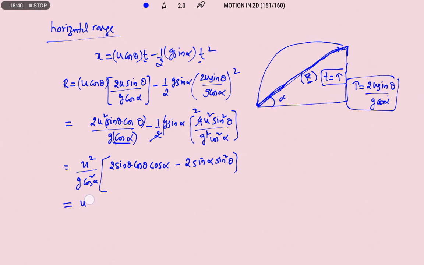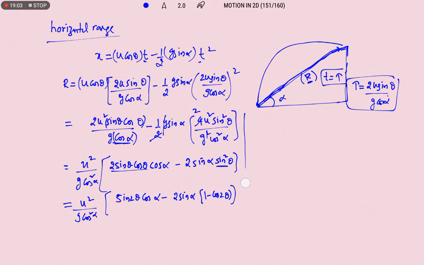Next, u square by g cos square alpha, so this we can write as sin 2 theta cos alpha minus 2 sin alpha, and for the sin square theta term we can write 1 minus cos 2 theta.